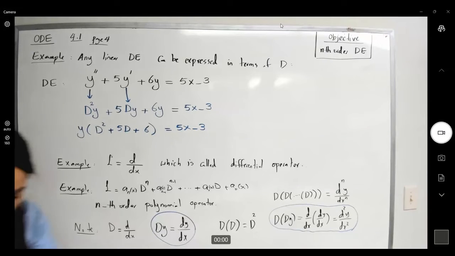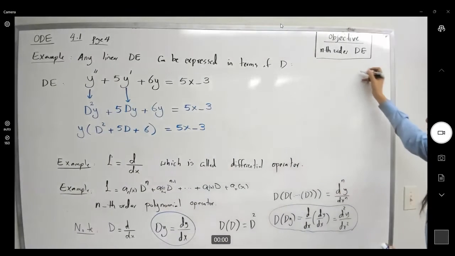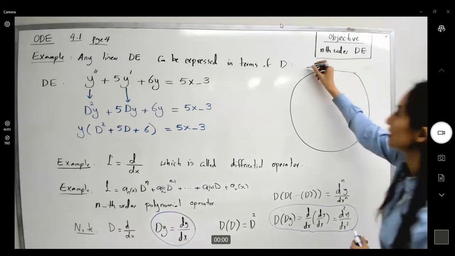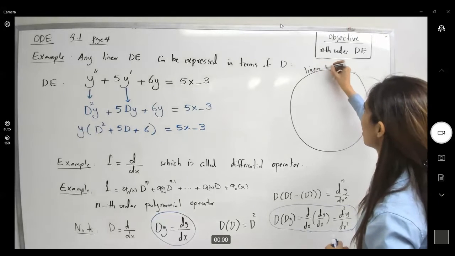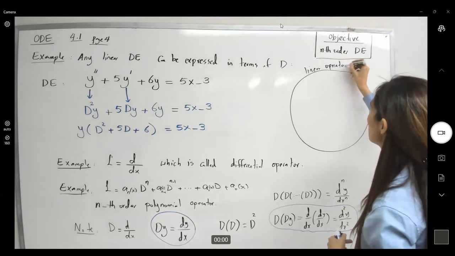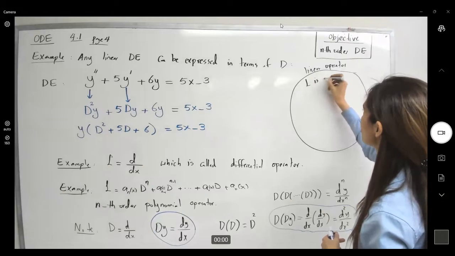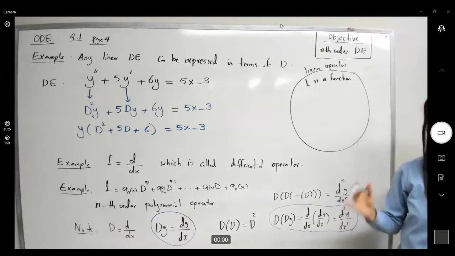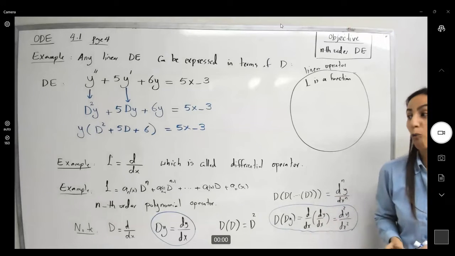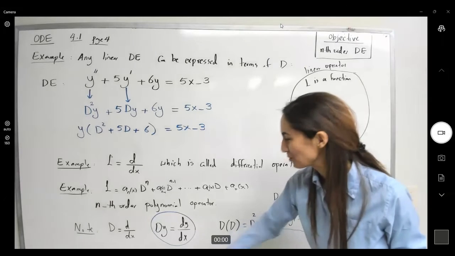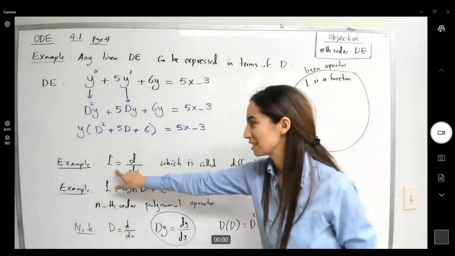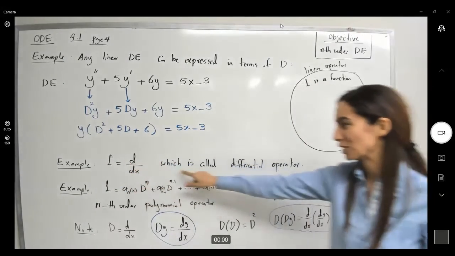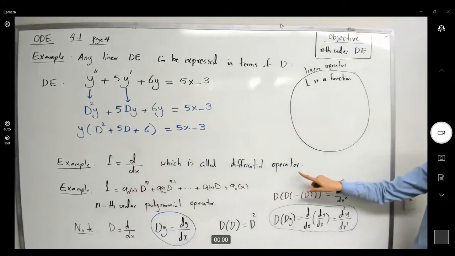So guys, again, in the world of linear operators, remember that a linear operator is a function. In this world, you have some members. One of the members is d/dx, the differential with respect to x, which is called the differential operator.